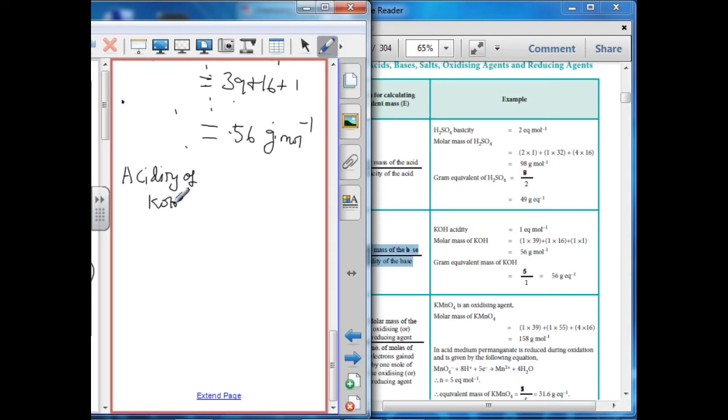Acidity means the number of replaceable hydroxyl groups from the base. So KOH contains only one replaceable OH, so the acidity of KOH is 1.